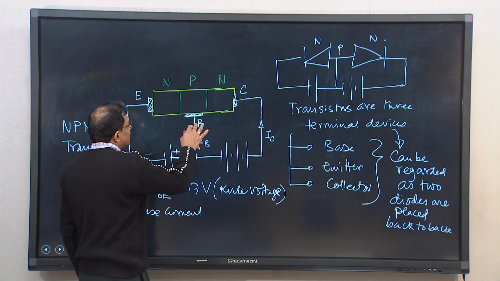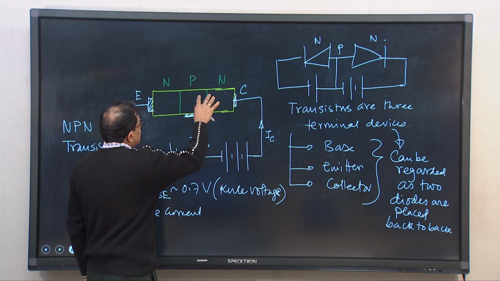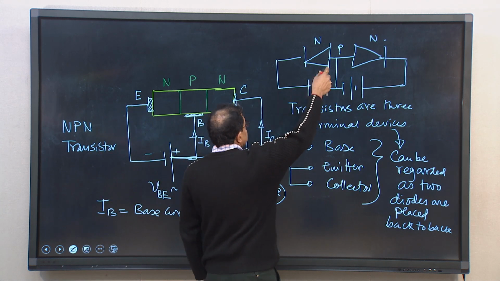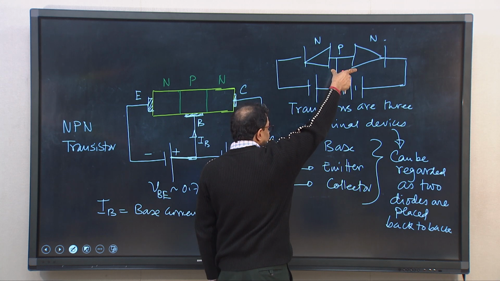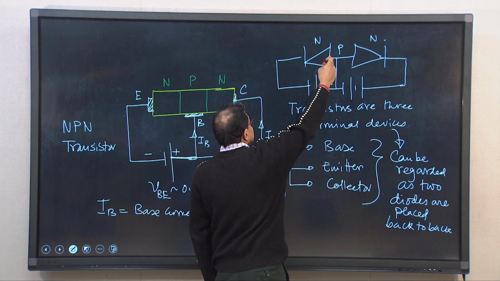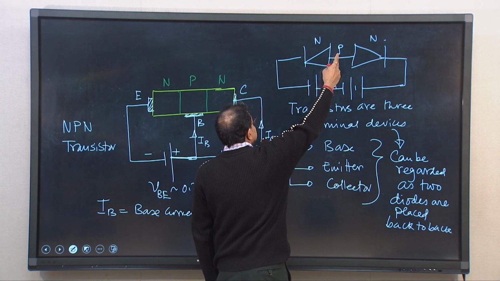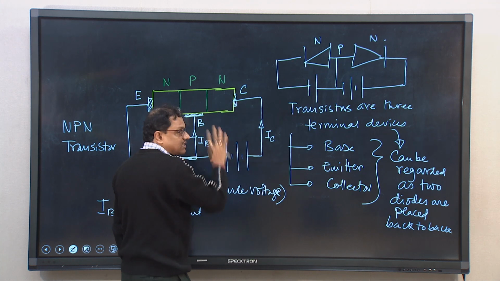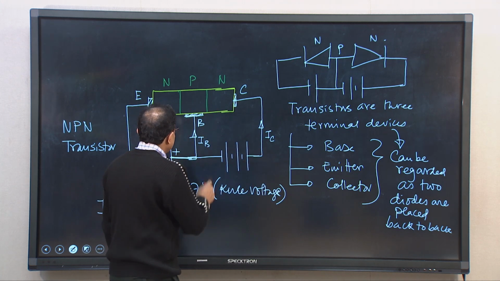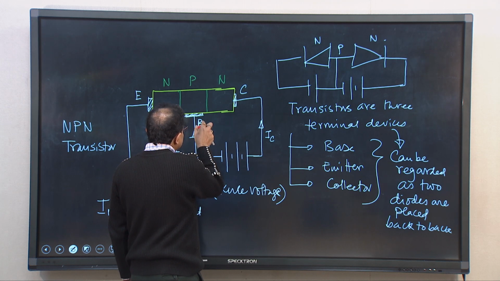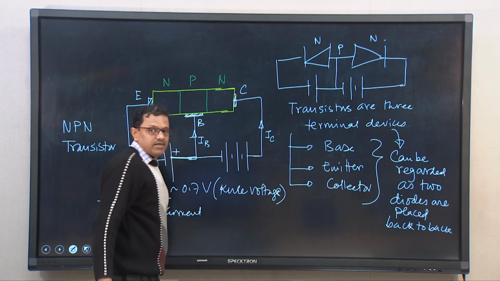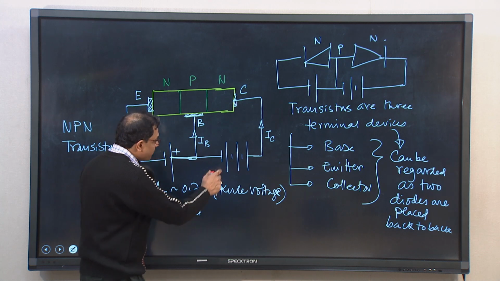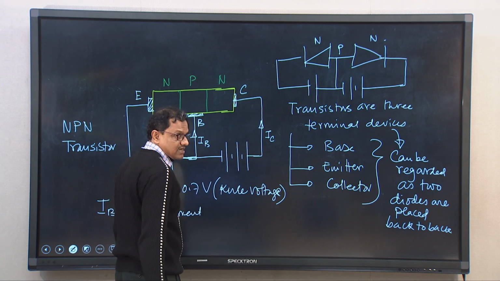because, as I told you, these two diodes are placed back to back. So, current will flow from base to emitter, but current cannot flow from base to collector, because this terminal is negative with respect to this collector terminal, as you can see from this particular battery arrangement. So, a few batteries are connected.